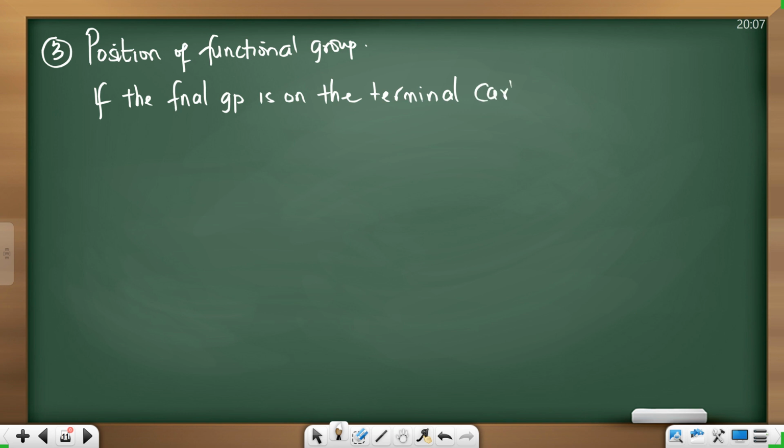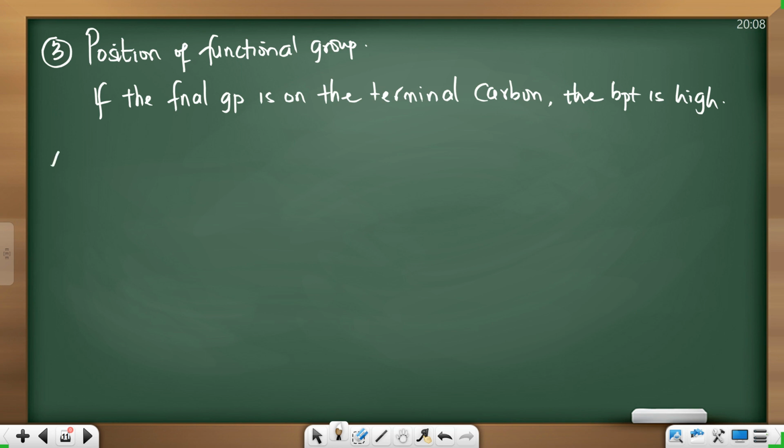On the terminal means carbon 1. If the functional group is on the terminal carbon, then it is very high.